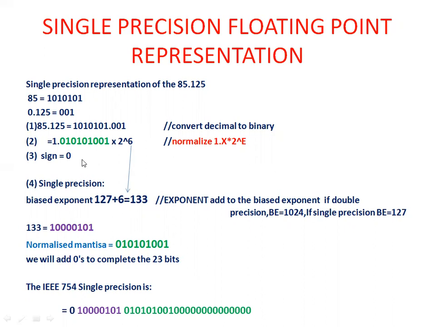So in order to make it 23 bits, we have to add 0s at the LSB. So 0, 1, 0, 1, 0, 1, 0, 0, 1 is the mantissa, and you are going to add the number of 0s to make this 23 bits.